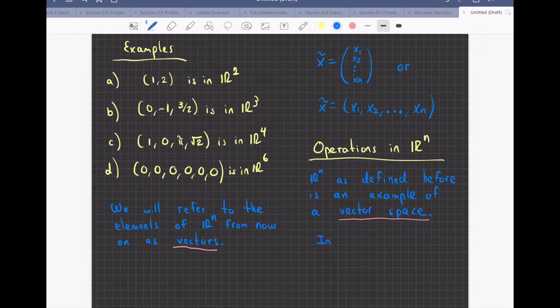In general, a vector space is a set with two operations satisfying certain properties.